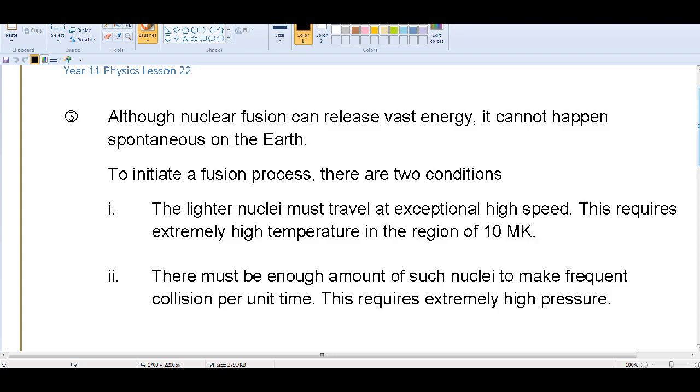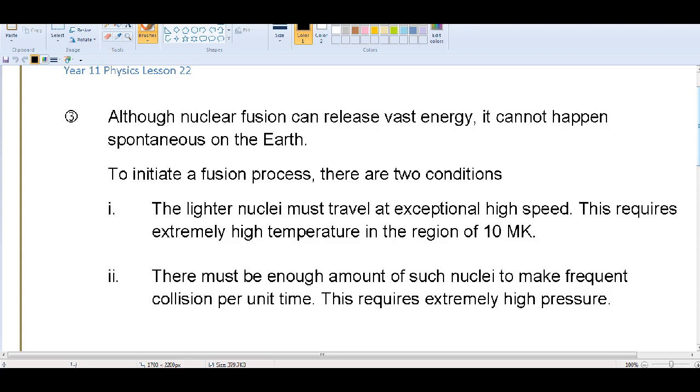That means the lighter nuclei must travel at an exceptionally high speed. So how could that happen? You must have extremely high temperature, in the region of 10 million Kelvin. That's not a temperature we could face in our daily life, right?